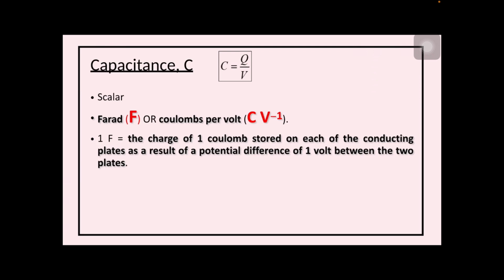So 1 farad is equivalent to the charge of 1 coulomb stored on each of the conducting plates as a result of a potential difference of 1 volt between the 2 plates. So 1 F equals 1 C over 1 V. 1 farad equals 1 coulomb over 1 volt.